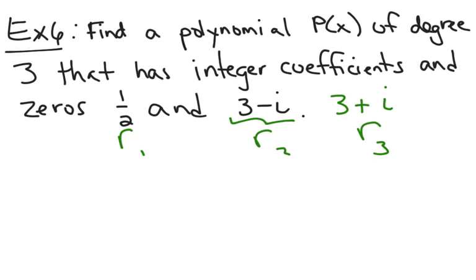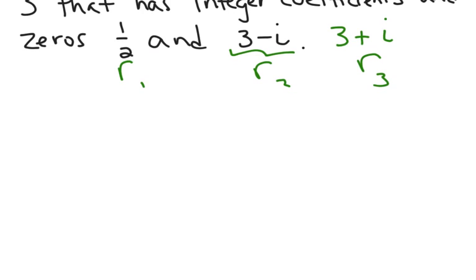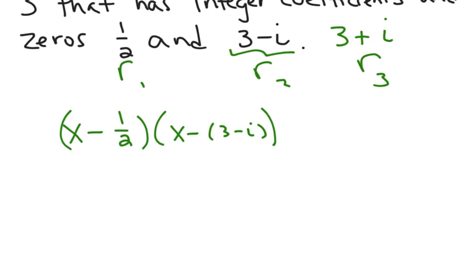Now I'm going to put that into my complete factorization. So x minus the first root, x minus the second root, x minus the third root. Now I'm going to have to do some major multiplying here in order to get this to be nice.